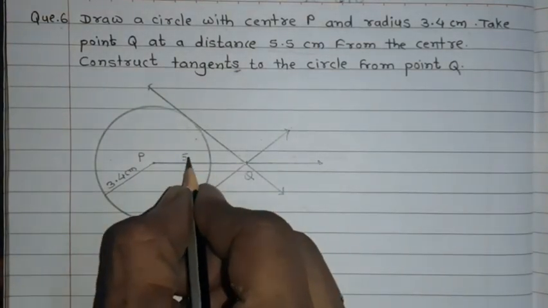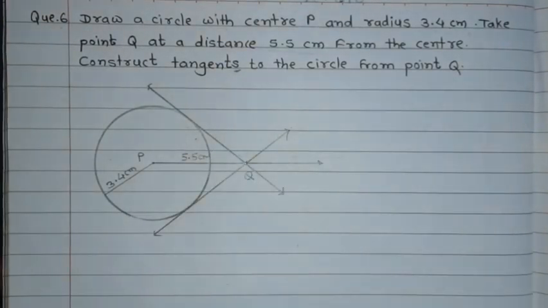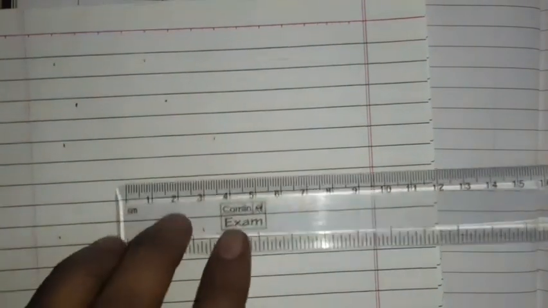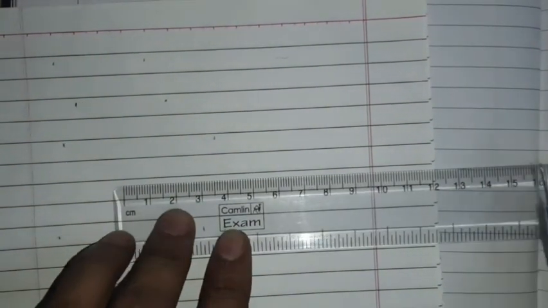The distance is 5.5 cm. Now how to construct? See. First of all, we have to take a distance 3.4 cm in a compass to draw the circle. Therefore, see dear student, how to take a distance, all of you know about this.